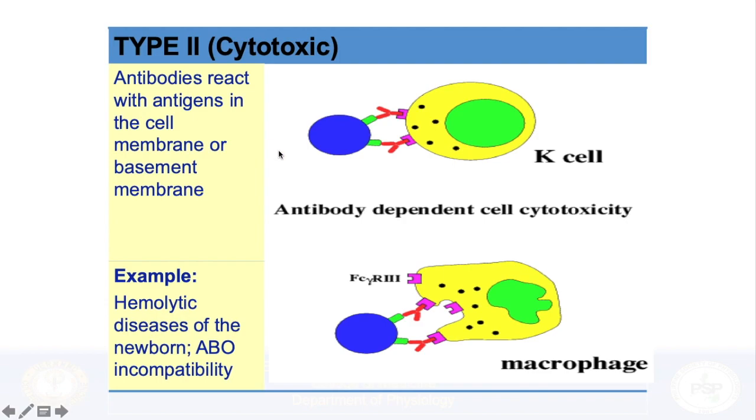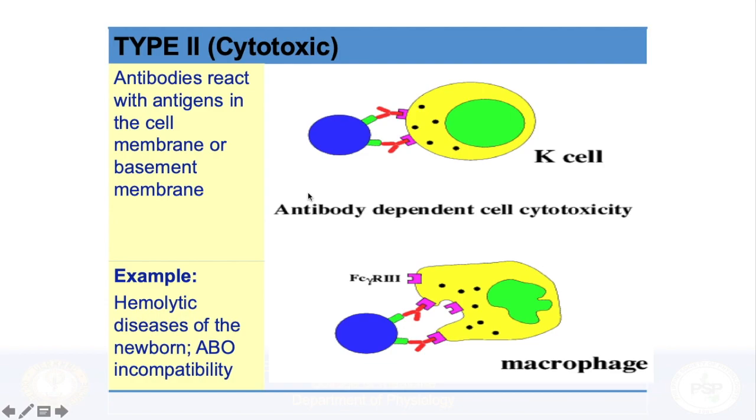Example of this would be ABO incompatibility. So for example, the donor is, let's say, type B, and the recipient is type O. Remember, the recipient is the one that would contain the antibodies in the blood.